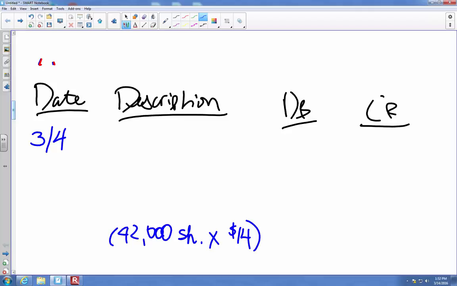So make sure that you get the right math for your debit. Par value goes into your credit. APIC is your plug.